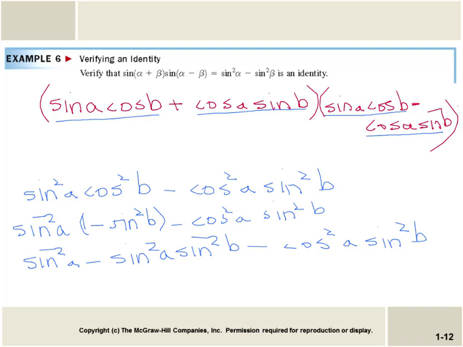All right. So now, what if I put this with this and make this a plus? That works, right?